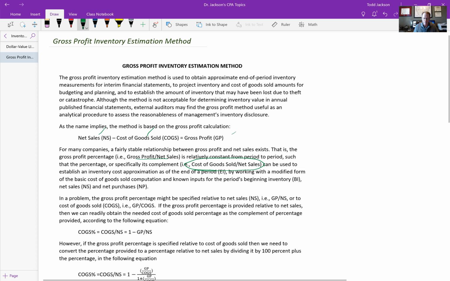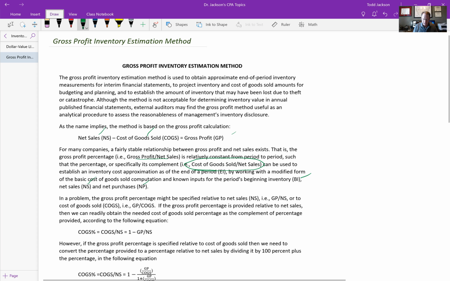And so we say the complement of the gross profit method is really the cost of goods sold percentage based upon net sales. And so once again, in this gross profit method, we are going to use the percentage that cost of goods sold is of net sales, along with a few other inputs such as the beginning inventory for the period, the net sales for the period, and the net purchases for the period.